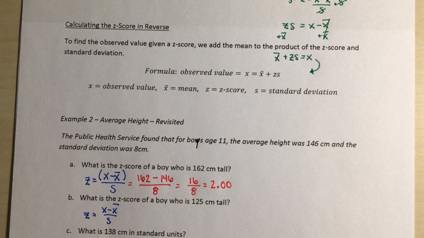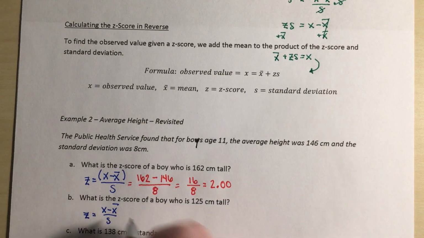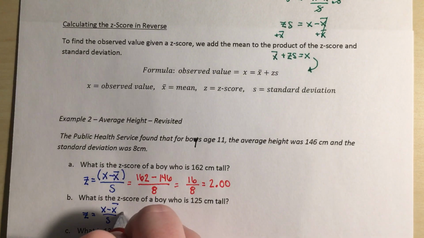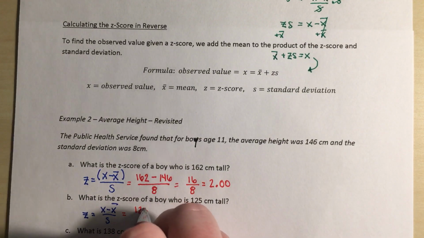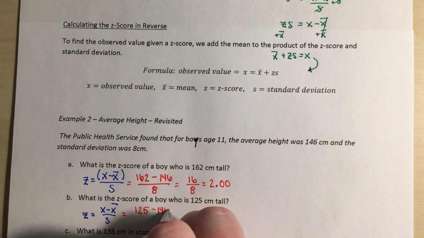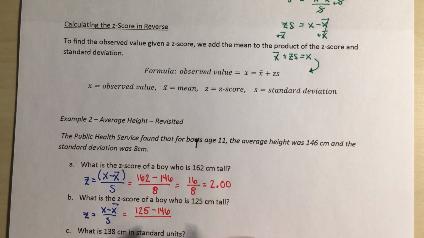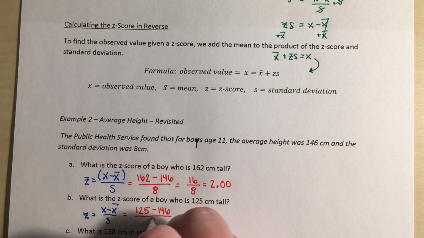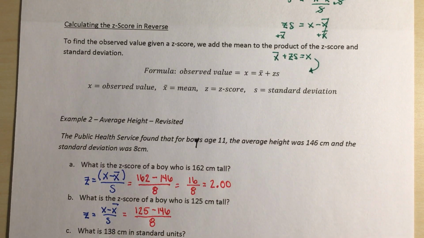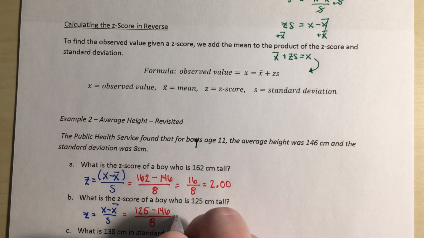Next, a boy who is 125 centimeters tall: 125 minus 146. Notice that our observed value still comes first. It is smaller, so we are going to end up with a negative number here, which is correct because our value is less than our mean.